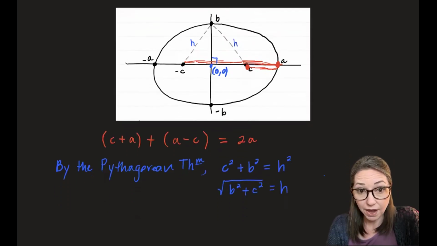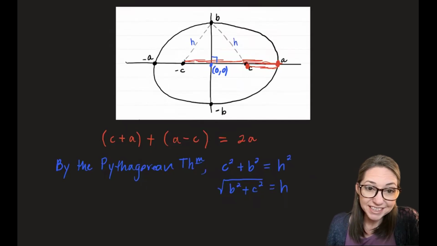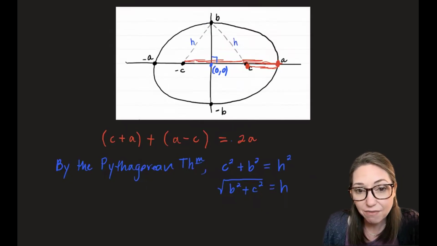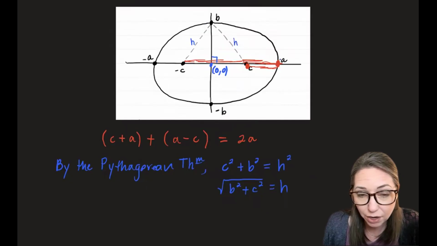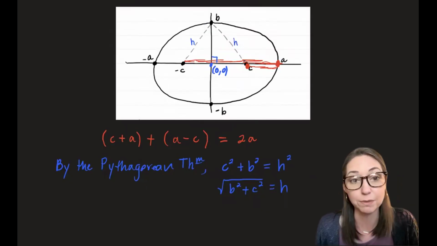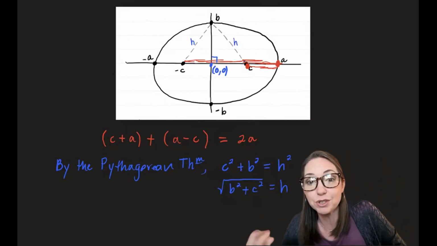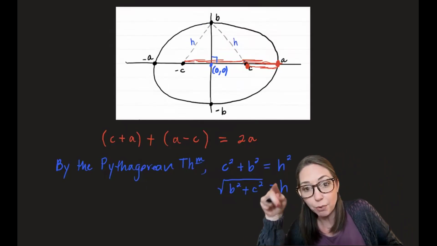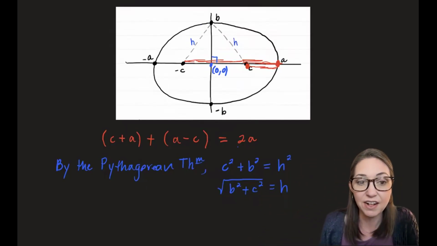Okay, now we know that the sum of the distance from this focus to B, the negative c to B, and the B to that point, negative c there, is equal at any point on the ellipse, right, to the sum of the two distances. We found that at the vertex right here at a comma 0, that sum of those two distances is 2a, and I know that that has to equal the sum of h plus h, because by definition of an ellipse, geometrically, the sum of the distance from one focus to any point, and that point to the other focus is a constant.